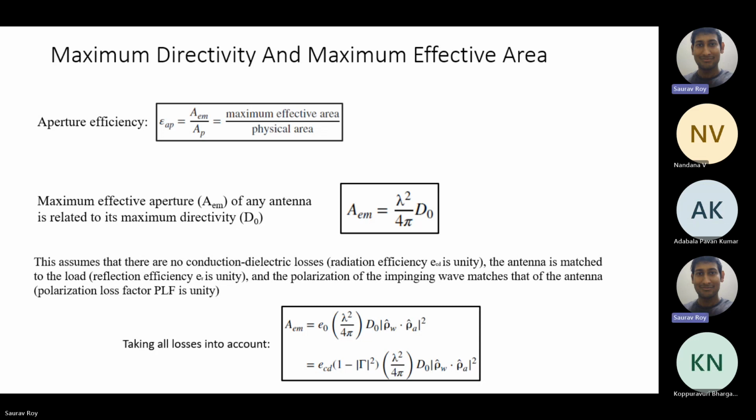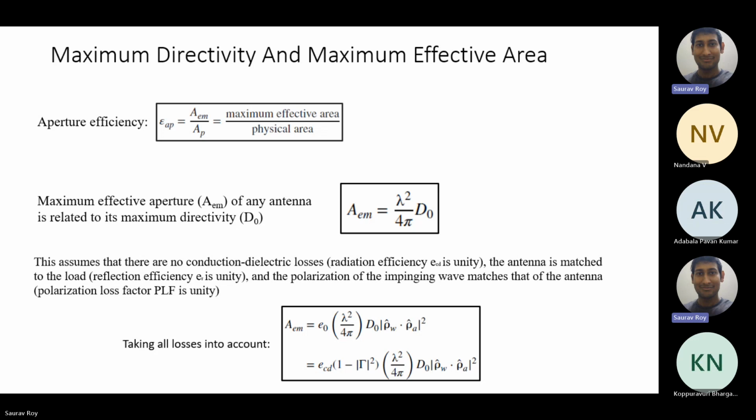Now, if that does not happen, they will also contribute to the effective aperture area. So in that case, you cannot just directly take the D naught or directivity for calculation. You have to take all these three components also. So e naught is the total efficiency of the antenna that has e_cd as well as 1 minus gamma square, which is the reflection mismatch loss, and rho_w dot rho_a, which is the polarization loss factor that we discussed yesterday.